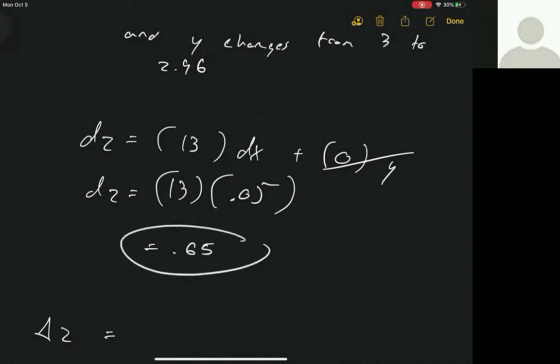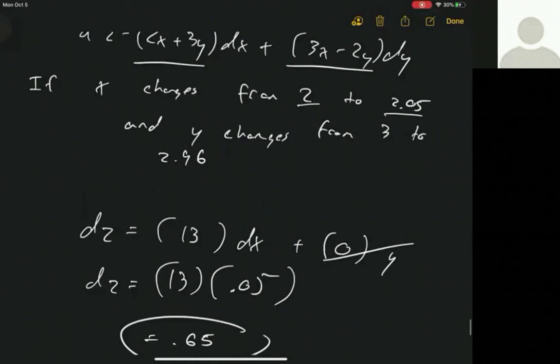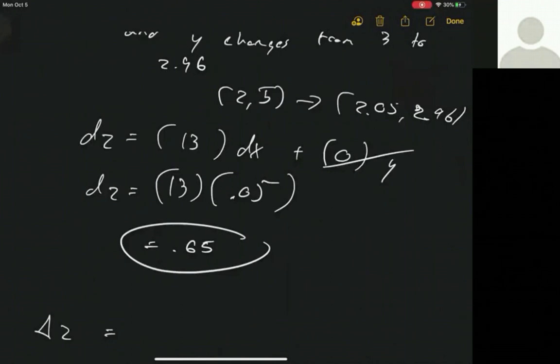So my dz is 0.65. So that means as I go from 2, 3 to 2.05, 2.96, my z value should change by about 0.65. Okay. All right, that wraps up this section. More to come.